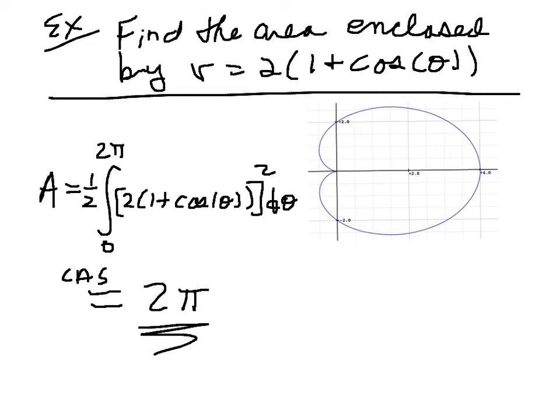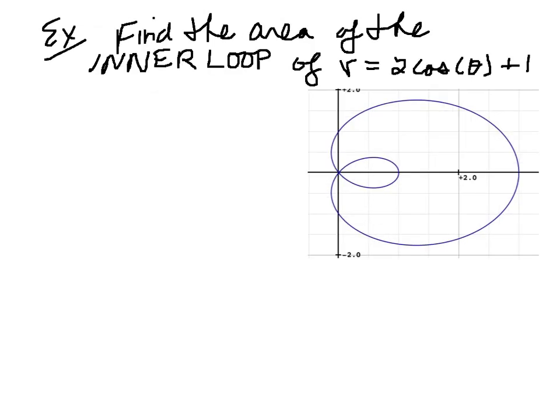Let's look at another example, perhaps. Okay, so check this out. We want to find the area of the inner loop right in here for this polar curve r is equal to 2 cos theta plus 1. So really what that means is we have to know where that inner loop begins and when it ends.